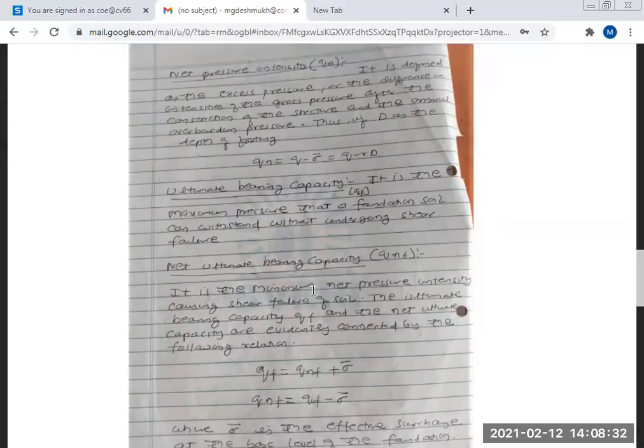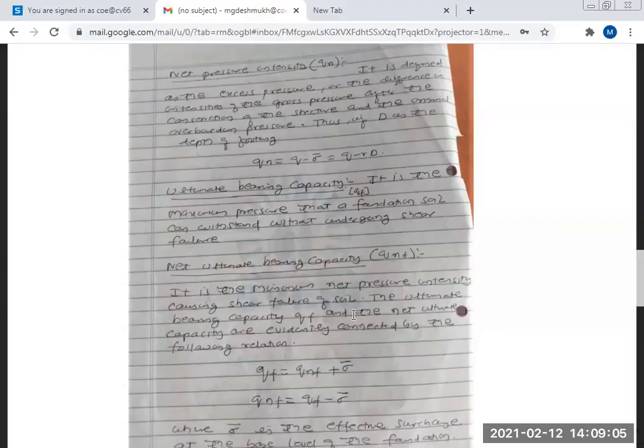The term minimum has been used because here net pressure is taken into consideration where earth fill is not considered. The only two weights considered are, one is the weight of the superstructure, second is weight of footing. Ultimate bearing capacity means everything is considered here. Net ultimate bearing capacity means earth fill is neglected. That is why the term minimum is used. It is the minimum net pressure intensity causing shear failure of soil.